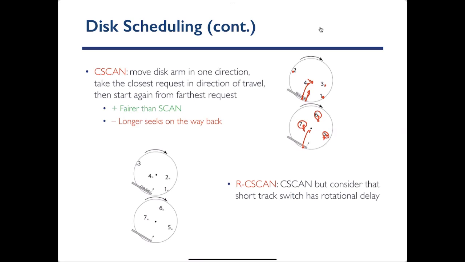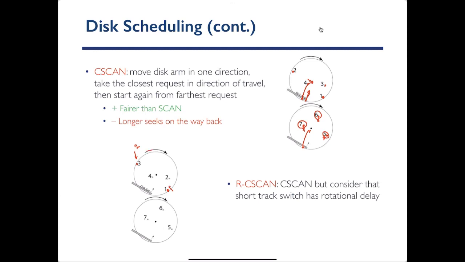So let's say this is number 1. If you go with the scan, you're going to go from number 1 to this guy. So this becomes number 2 because it's in the next track. But what is going to happen is, after you read number 1, you move the head here to the next track.